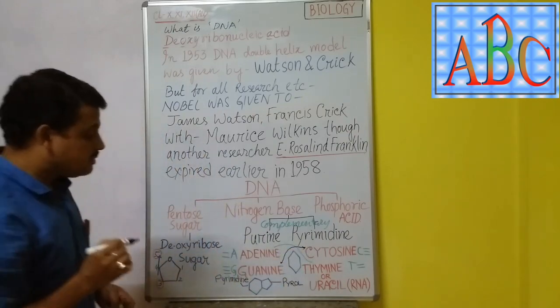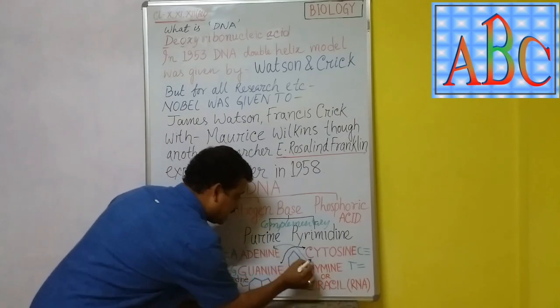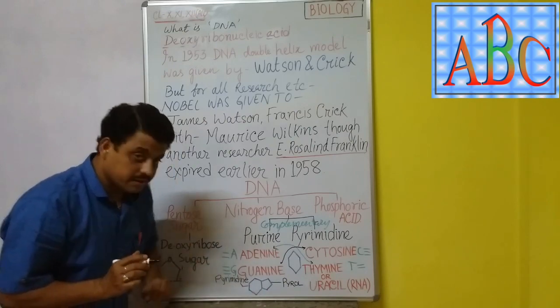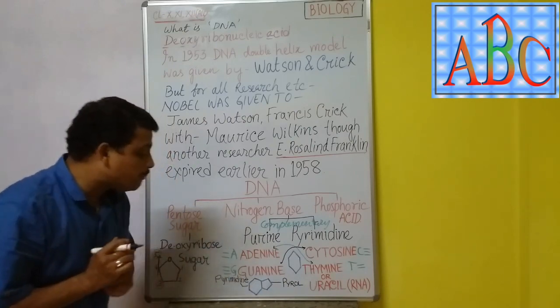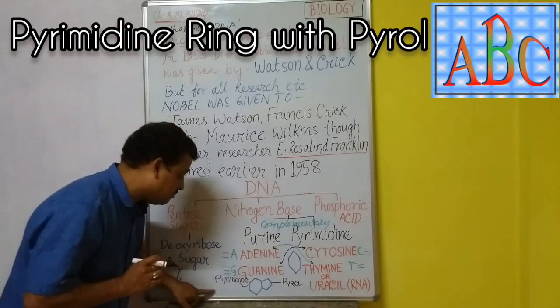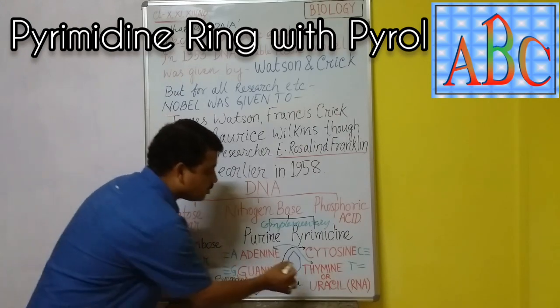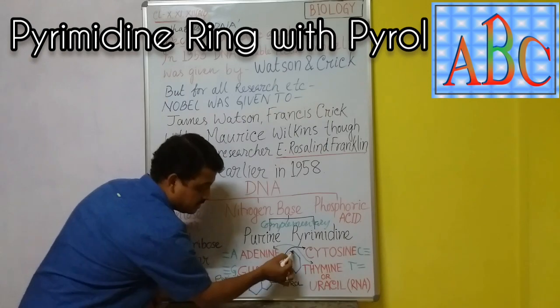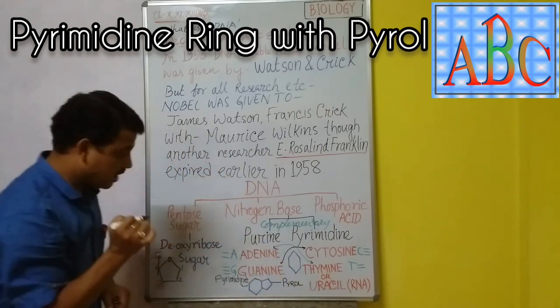And one more thing we should remember, that adenine and guanine have a double ring structure. One is a hexagon, another is a pentagon. The hexagon is called the pyrimidine ring, similar to thymine, cytosine or uracil, which have a single hexagon ring.